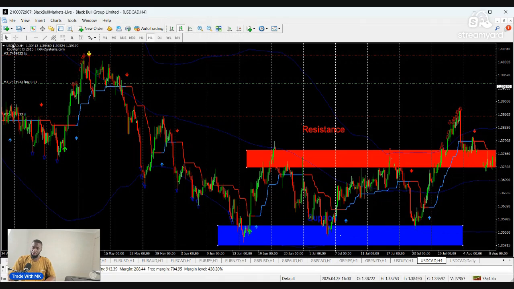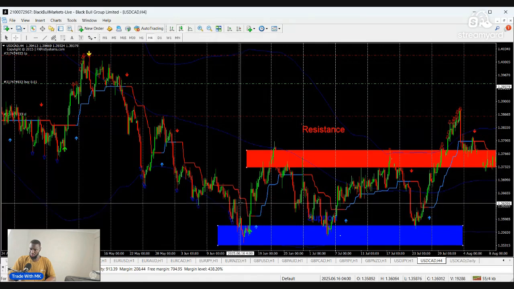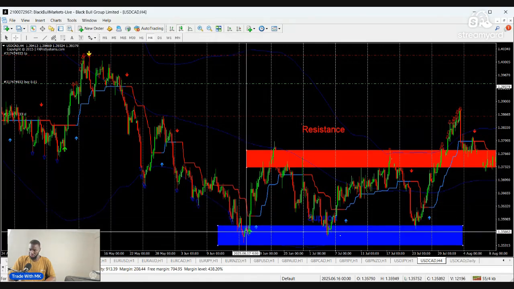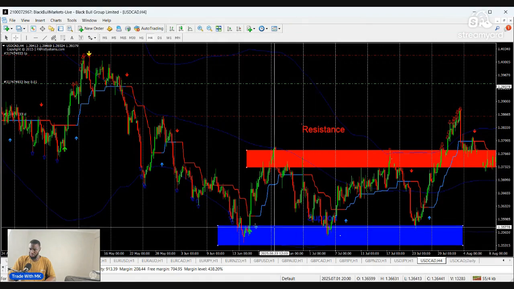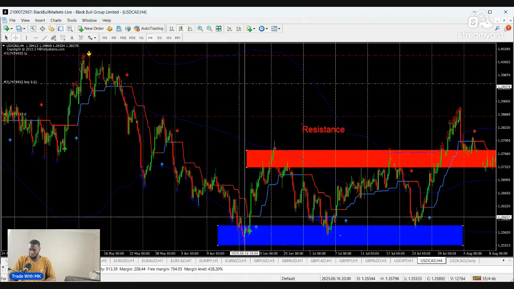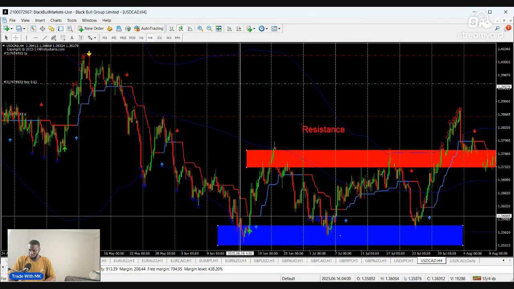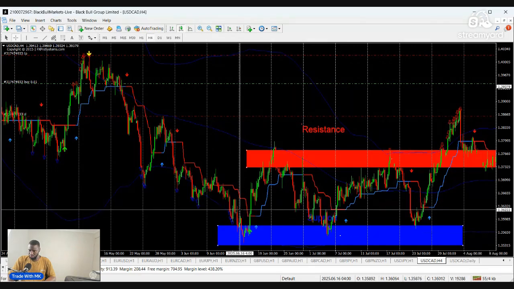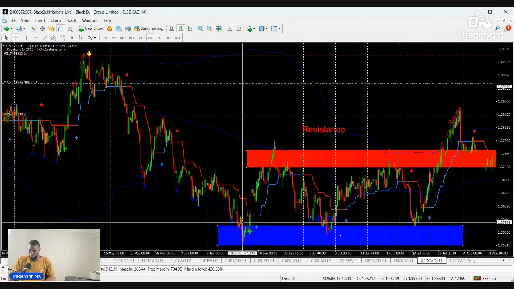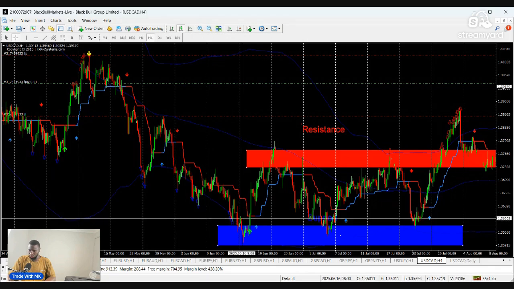If I was trading this market at the time it happened, and the market returned here, I go there, return back here. What date was this one? First, I'll look at the market. This was June 6th. The first support hit on the 6th of June 2025, or 13th of June.